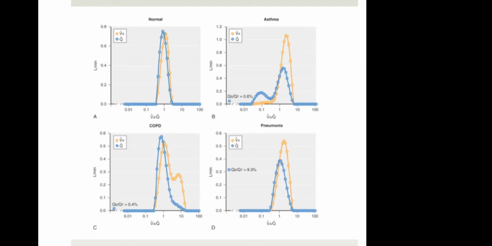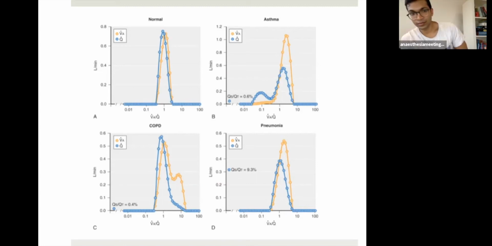The COPD lung is a little bit of the opposite. You've got areas of lung that are ventilated but not perfused, a VQ mismatch with ventilation but not perfusion.